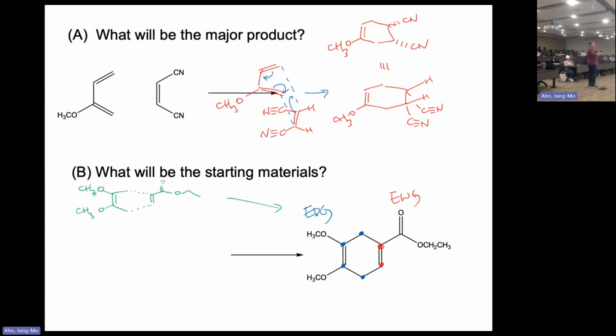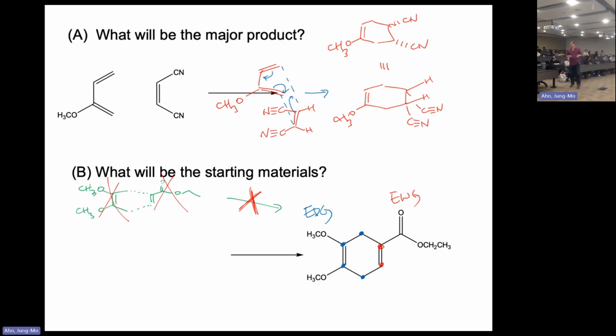So this looks like that, and that looks like this. So will these two be the reactants to make that product? It looks like it, but if you choose that way, that is wrong. That is something that you need to think about.